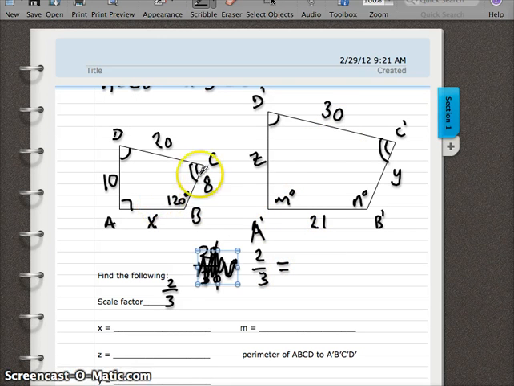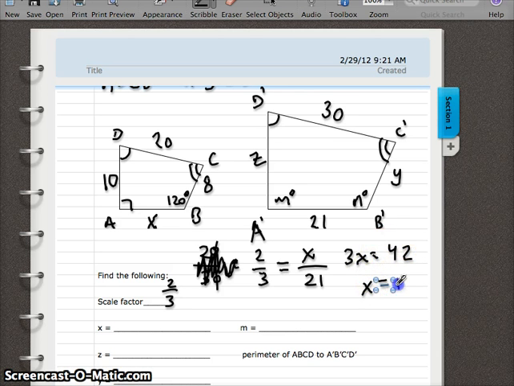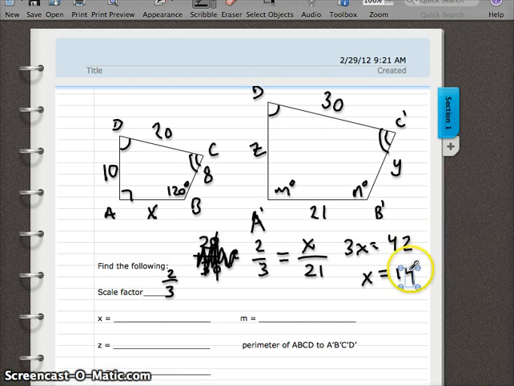So if we're comparing left to right, we need to also set up the next ratio comparing x over 21. And then we cross multiply, solve for x. So 3x equals 42. So x must be 14. 3 goes into 4 one time, so how many times does 3 go into 12? 4 times. So x is 14.